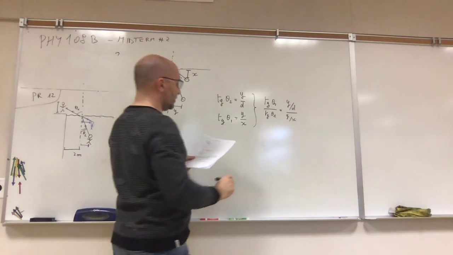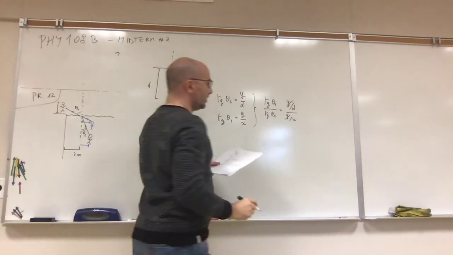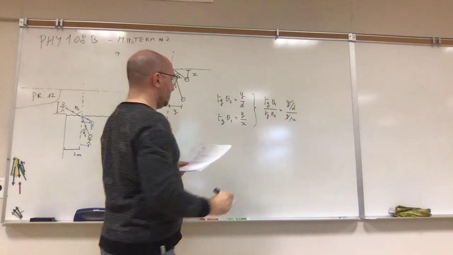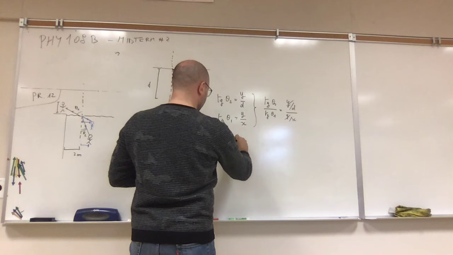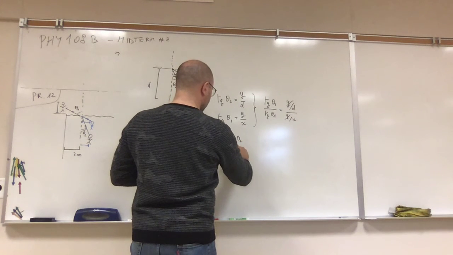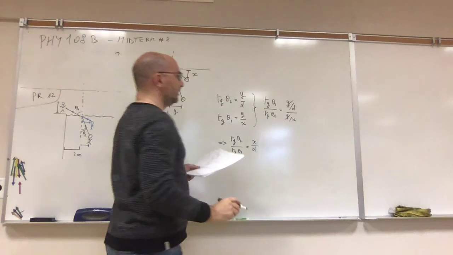Here you have to play a little bit of algebra, and you find out that the tangent of theta 2 divided by the tangent of theta 1 is equal to x over d.